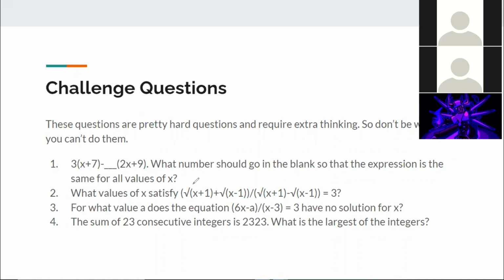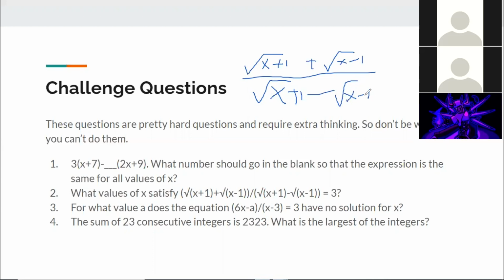Okay, so for the second one, this one's kind of hard. Basically what you have to do is multiply by the conjugate of this.